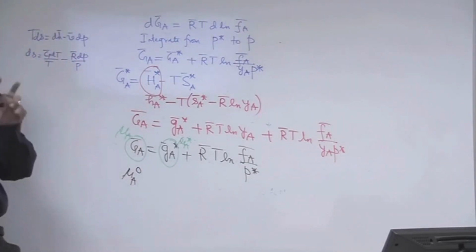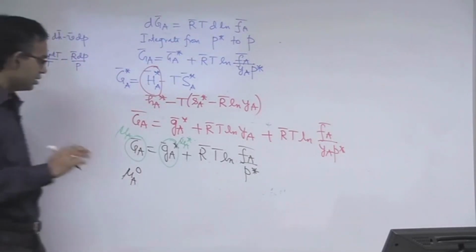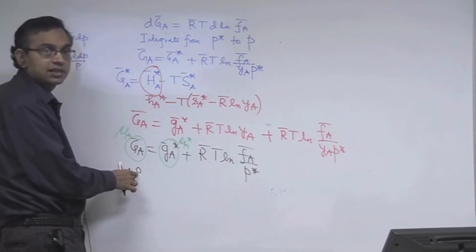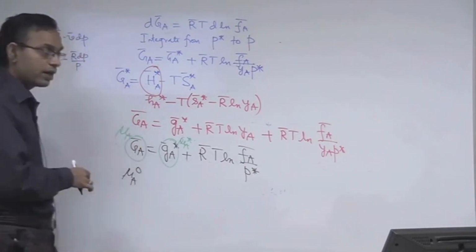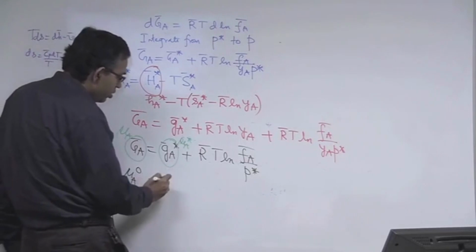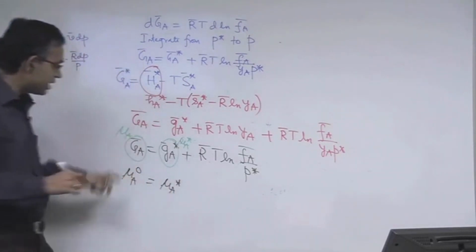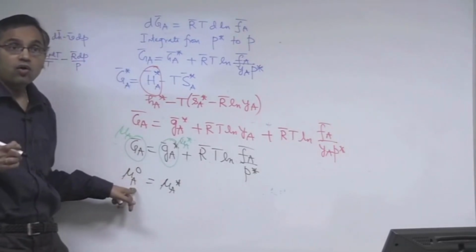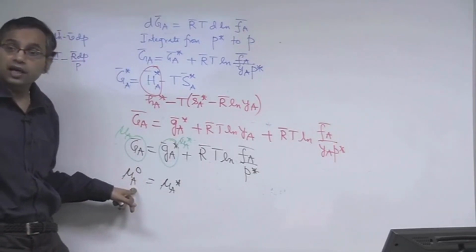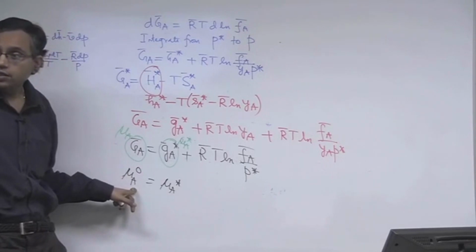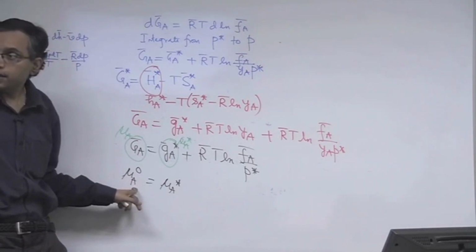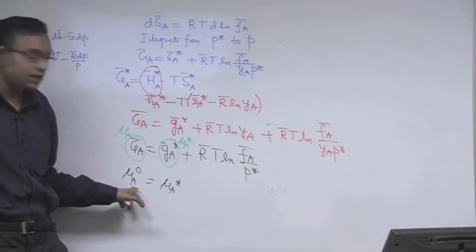Some reference state we call the standard state. So superscript 0 means standard state. So mu A 0 is equal to mu A star. This is the standard state but of pure component A. Standard state not of the mixture, standard state of pure component A.